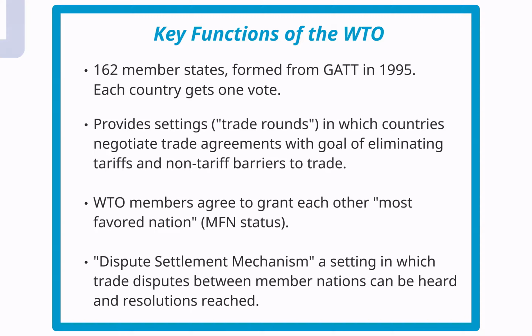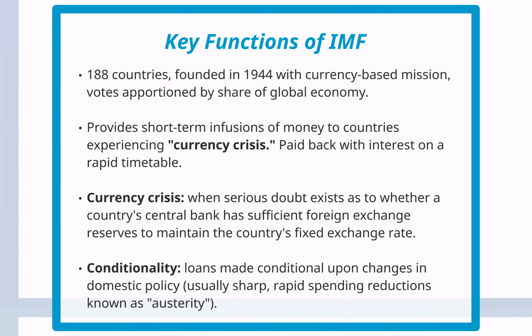Okay, so that's another really important function of the WTO. And if a country were to allege that another country was giving preferential treatment to a third party country and not abiding by this most favored nation stipulation, then they could get into trouble and it could be brought to this dispute settlement mechanism. So that's a little bit about the WTO.